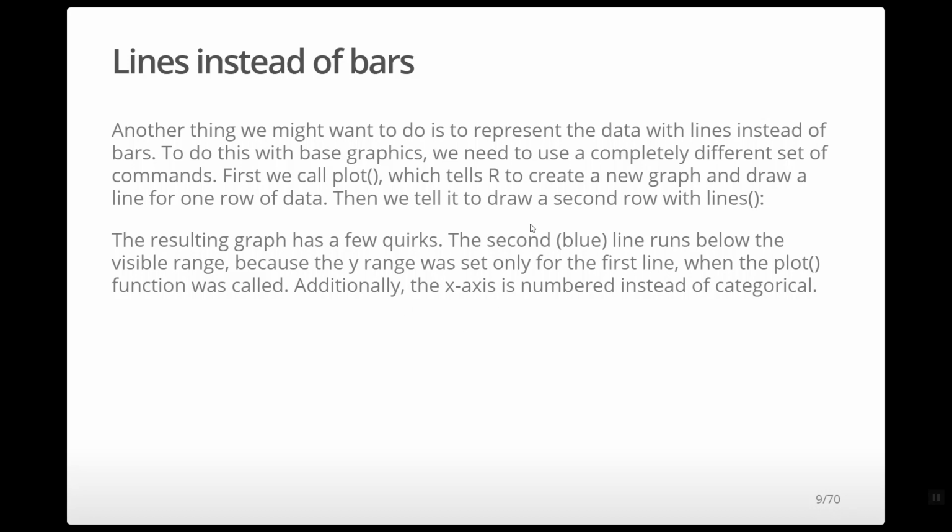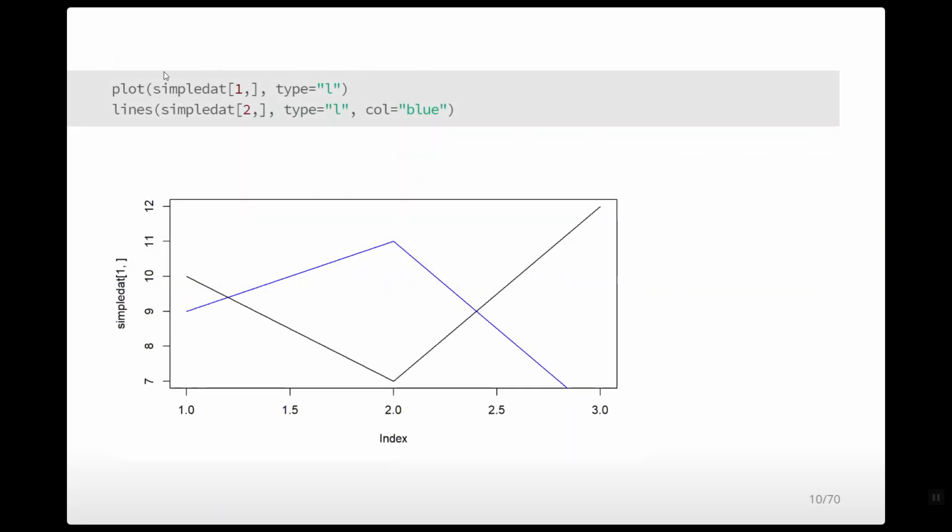So you'd call plot, and then you would call the second line with lines here, okay? And so we would do plot, the first row in simple data, type equals L, and then we would add lines for the second row in simple data, and type equals L, okay?